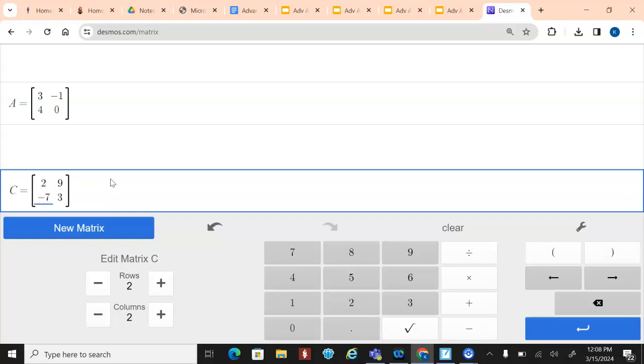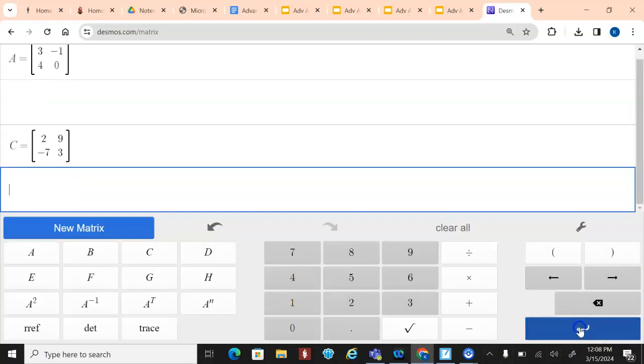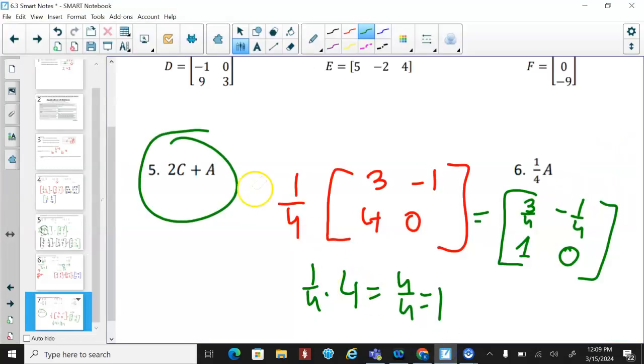Okay. Now, you're going to go to this blue enter button right here on the right corner. And now in this next line, you're going to put 2 and whatever the equation is, C plus A. Okay? And boom, it gave you the same answer as we had: 7, negative 10, 17, and 6. Okay? We had the same answer right here for this question.